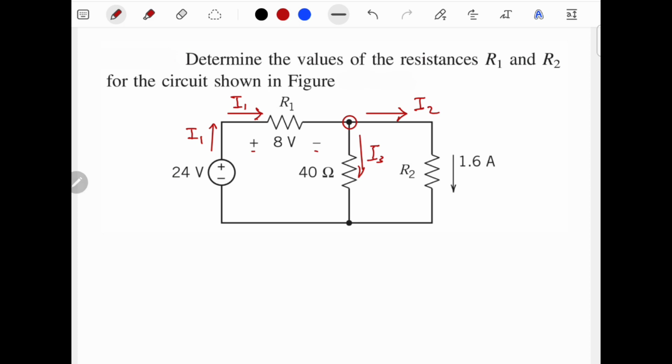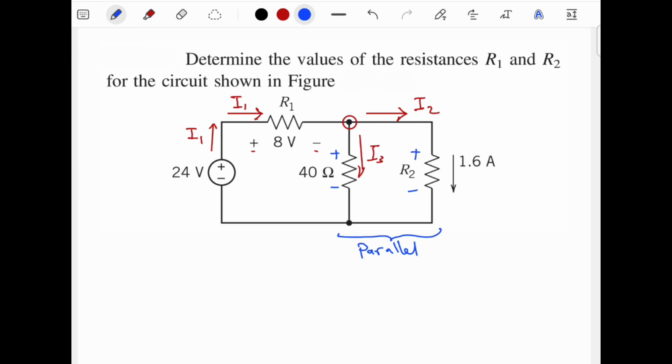Now we need to notice that both resistors here are in parallel. So the voltage drop across each one of them are equal.